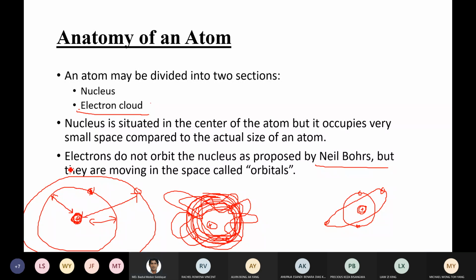Generally speaking, an atom is mostly empty, 95, 98% is empty space, right? There's nothing there. Only 2% is occupied, maybe by a few electrons, and the nucleus.